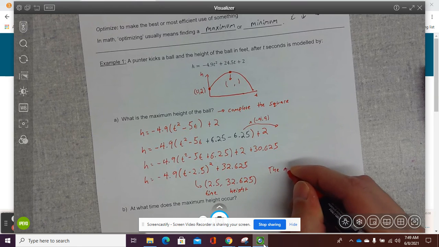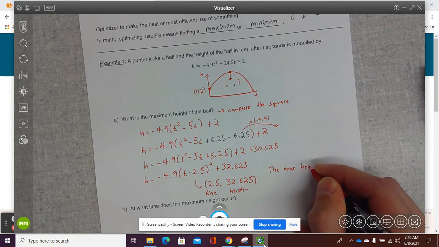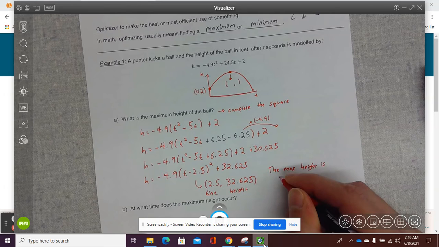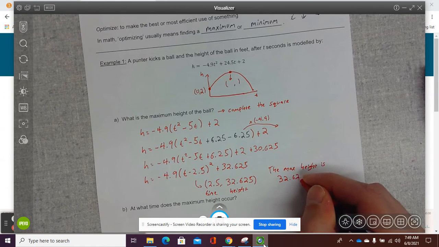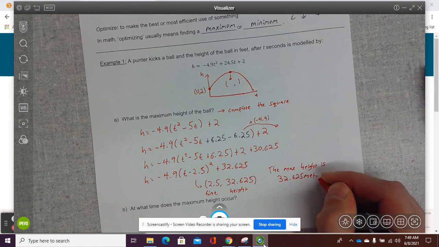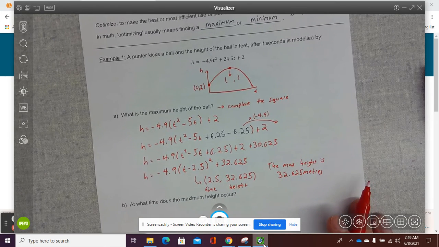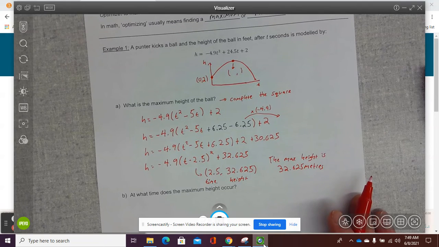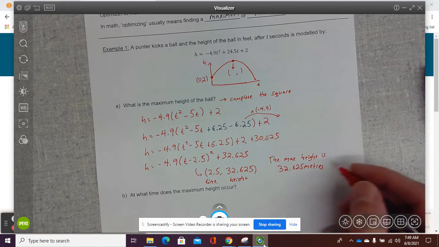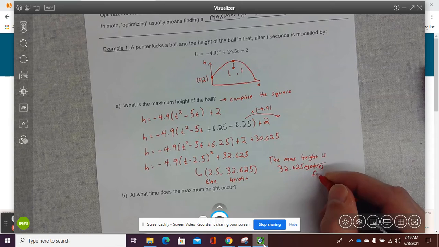So the maximum height of the ball is 32.625 meters. So often the challenge here can be interpreting what answer we get. So we found the vertex, but it's just a value, our optimal value, which is 32 meters. That's how high the punt gets. I think that'll be a pretty good punt in the NHL. It might be feet, actually, not meters, now that I think about it.